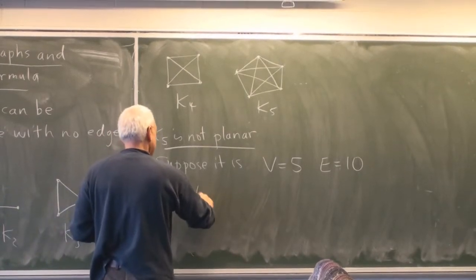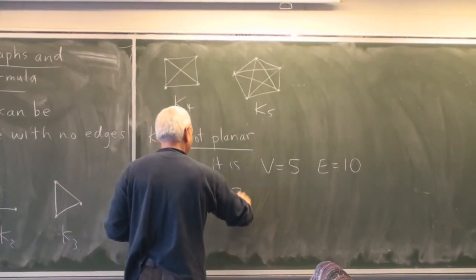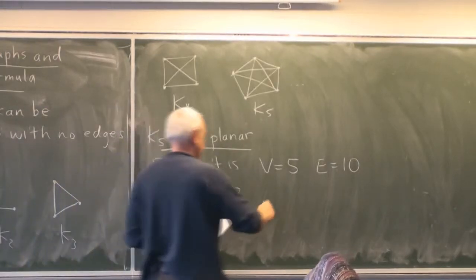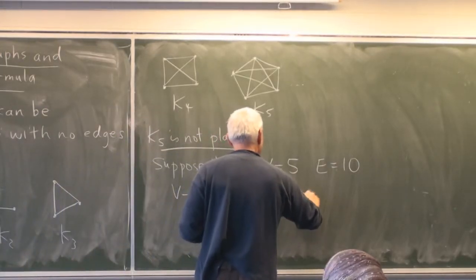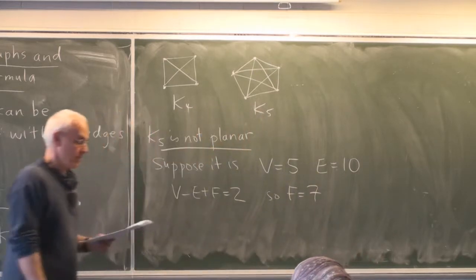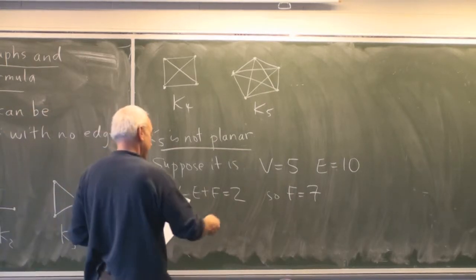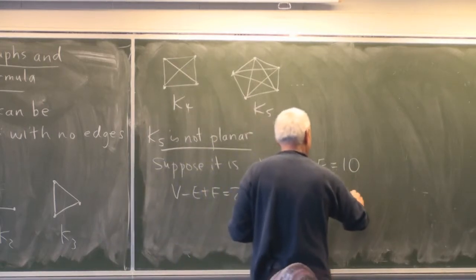And since V minus E plus F equals 2, which is a formula valid for planar graphs, it would mean that F would have to be 7. So there would have to be 7 regions in which this graph cuts the plane, including the outside.